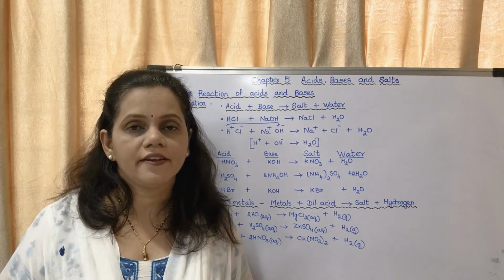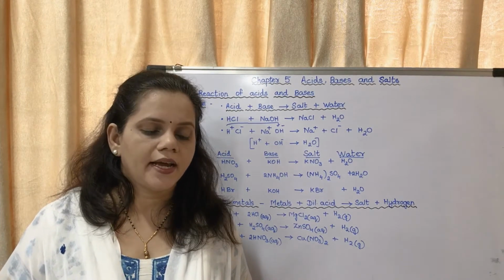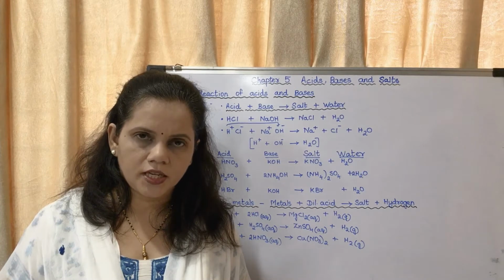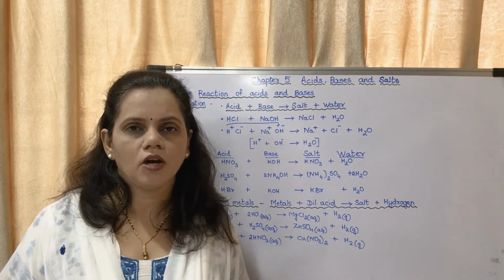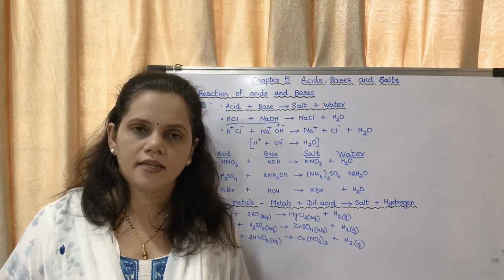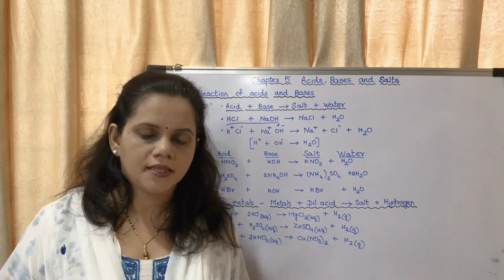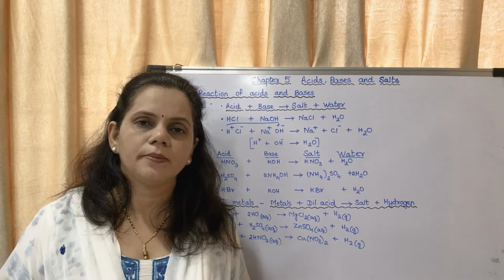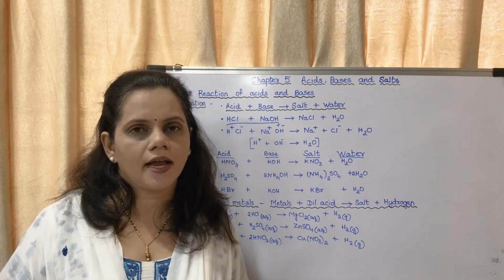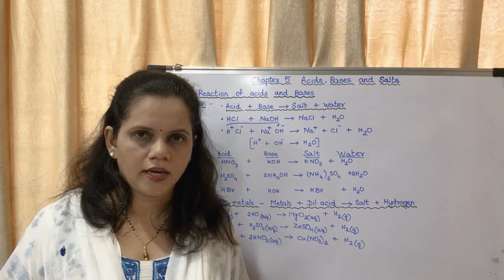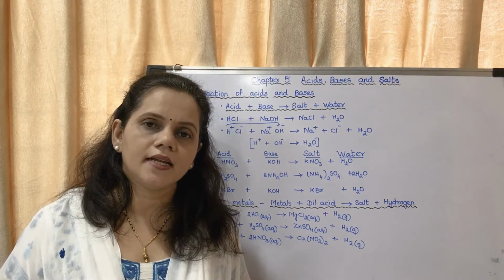Now what could be the definition of an acid? You may write, an acid is a substance that reacts with a base to form corresponding salt and water. I repeat, an acid is a substance that reacts with a base to form corresponding salt and water. Okay, now what will be a base then?